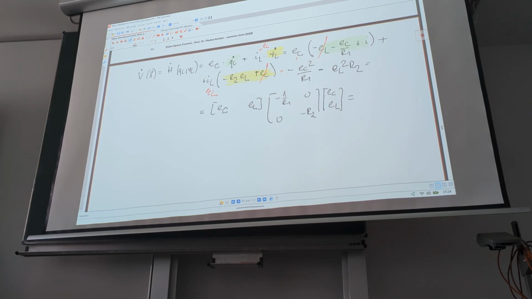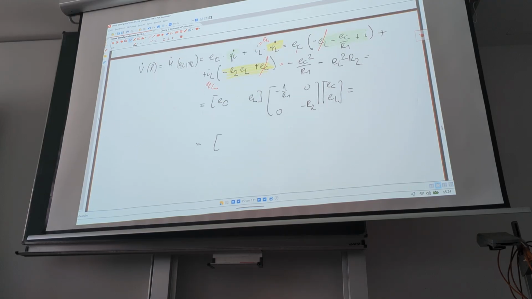Or if I want to cast this in the original x, then we could say that this is phi L, Q C, times minus R2 over, this is basically an L times E L, so I have to divide by L squared, and here I have a minus 1 over R1 C squared, right?